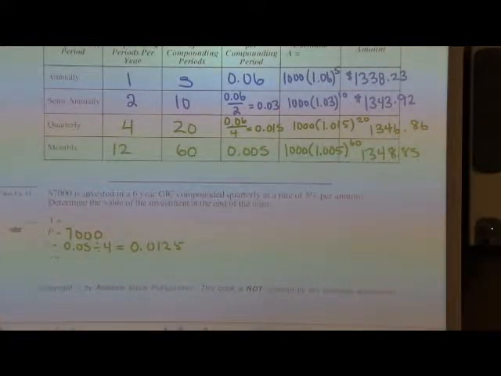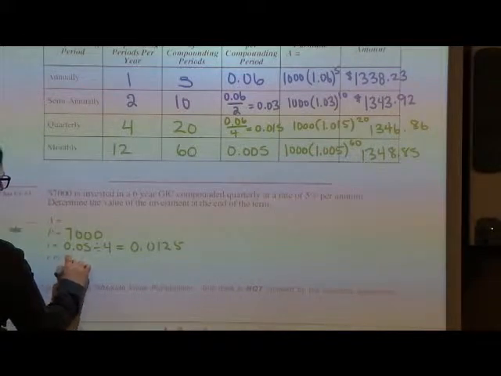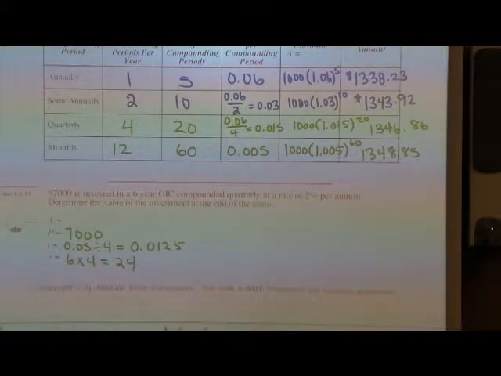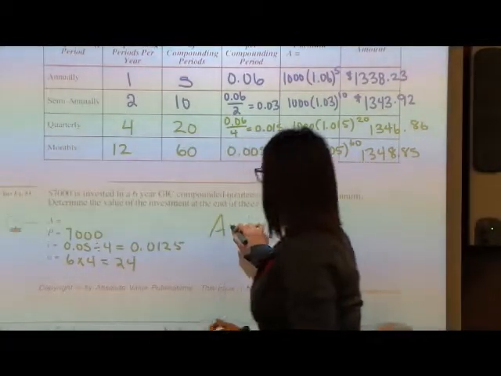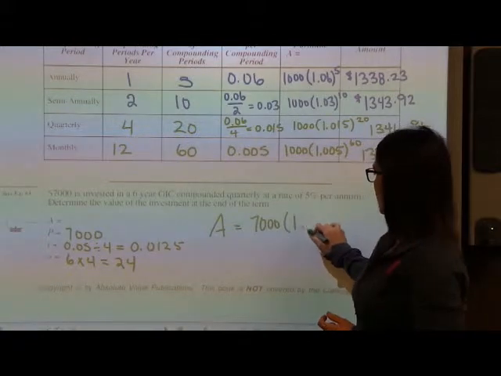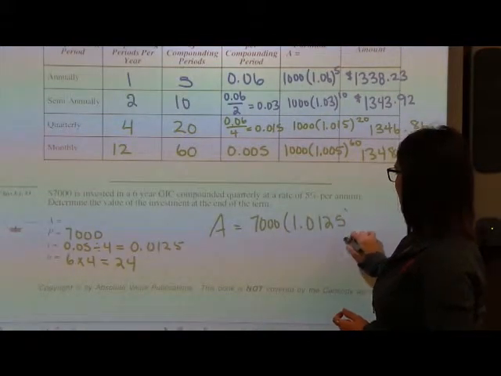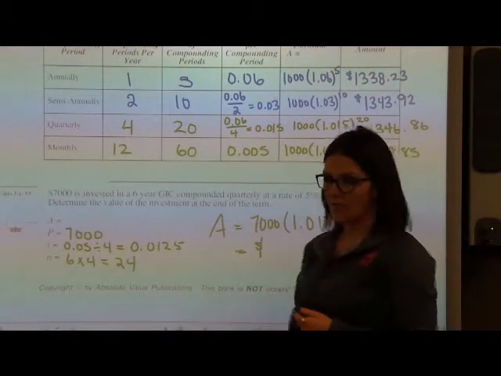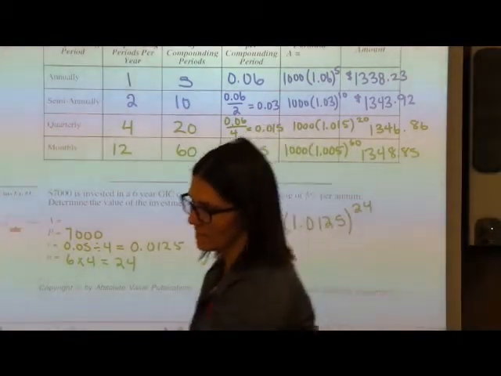And then what's n? 24. And how do I get the 24? 6 years times 4 for the quarters. So then the value at the end of the term becomes 7,000 times 1.0125 to the power of 24, which gives me a value of how much?